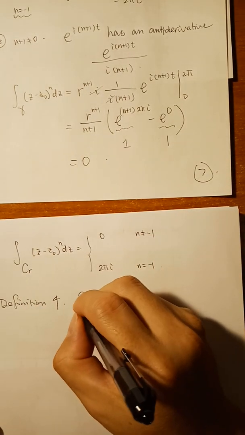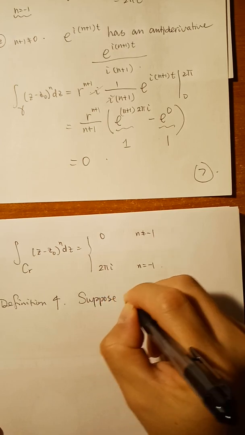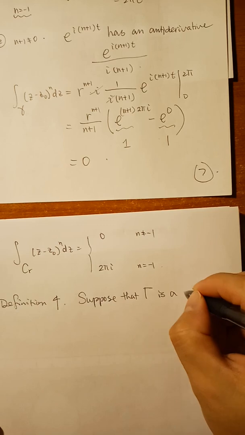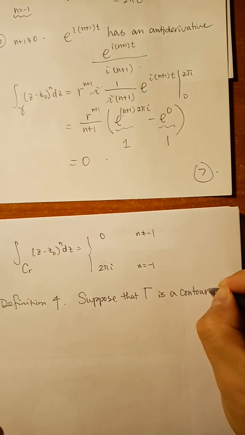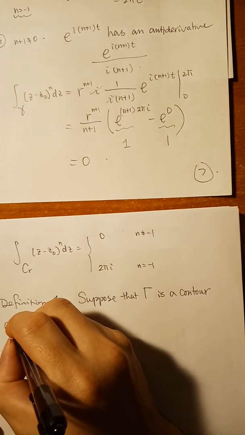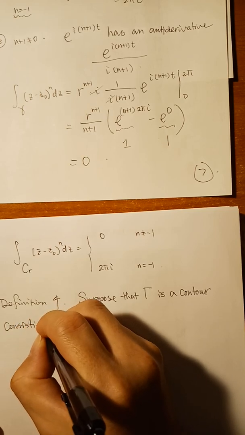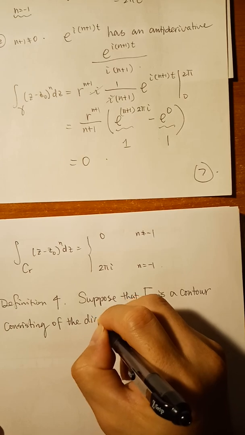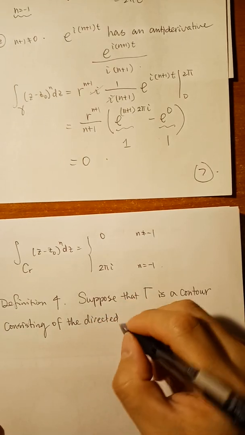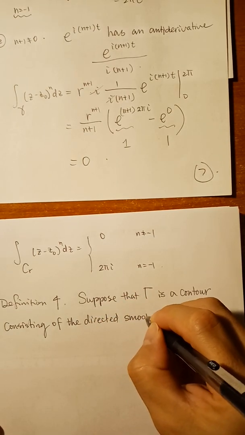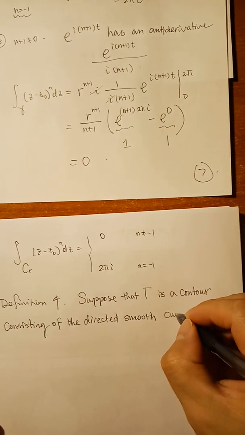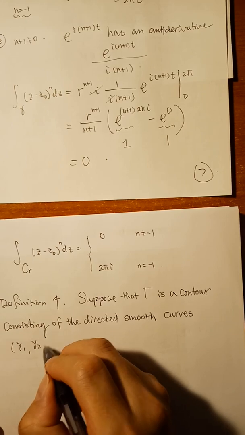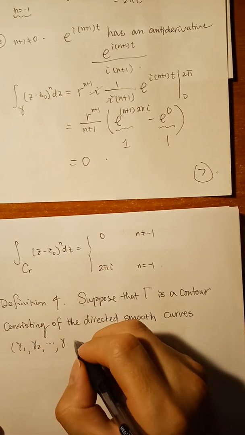Definition 4. Suppose that capital Gamma is a contour consisting of the directed smooth curves gamma 1, gamma 2, up to gamma n.